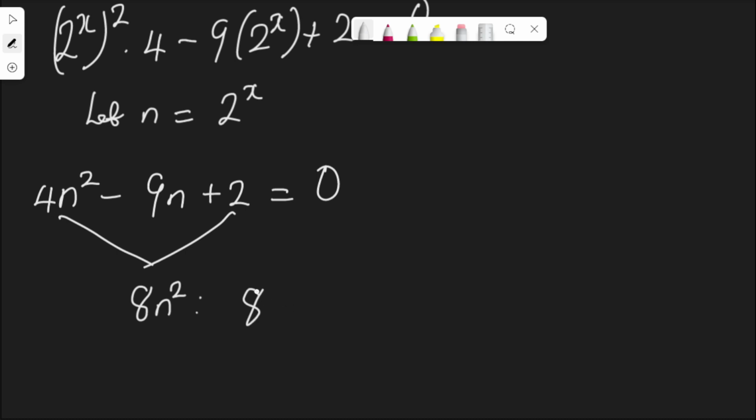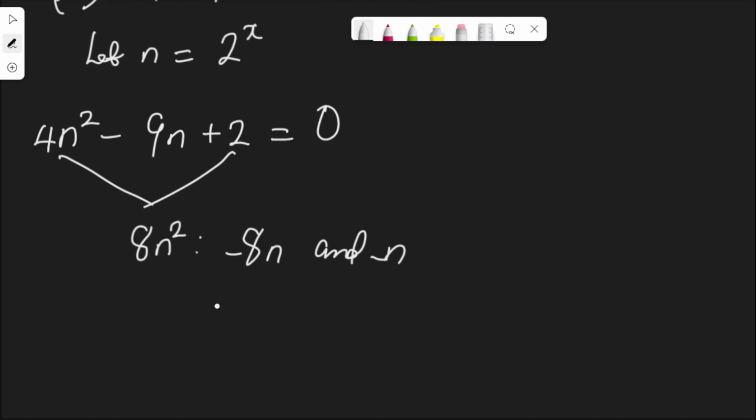The factors of 8 that can give us 9 are 8 itself and 1. So since we are talking about 8n squared, it will be 8n and 1n. How can we add the two to give negative 9? Both of them have to be negative. Negative 8n and negative n added together will give us negative 9n.